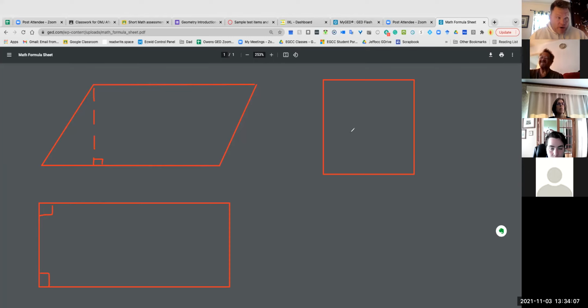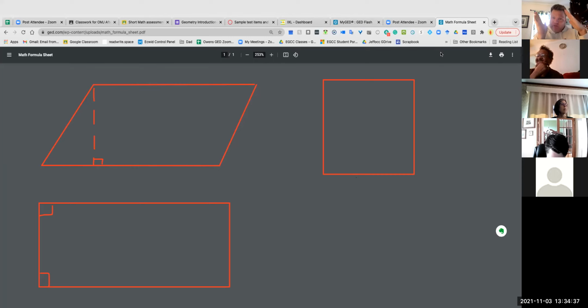A square is a polygon because it's closed in, quadrilateral because there's 4 sides, parallelogram because the opposite sides will never touch, rectangle because everything's a right angle. Square means all the lengths are the same side. So if that's 7, that's 7, that's 7, that's 7. Odds of there being a question about those terms on the test is actually probably 50-50. Just know quadrilateral means 4.